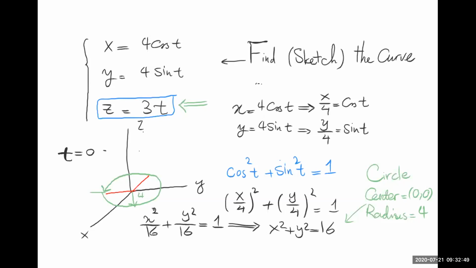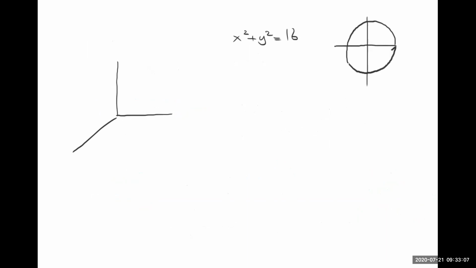So for example, when t is 0, it's better to go to the next page. So this is x, y, z. And I know the equation for x and y is x squared plus y squared equals 16. So here, if I look only at x and y, I would get a circle with radius 4. But there is also z, and z is 3 times t.